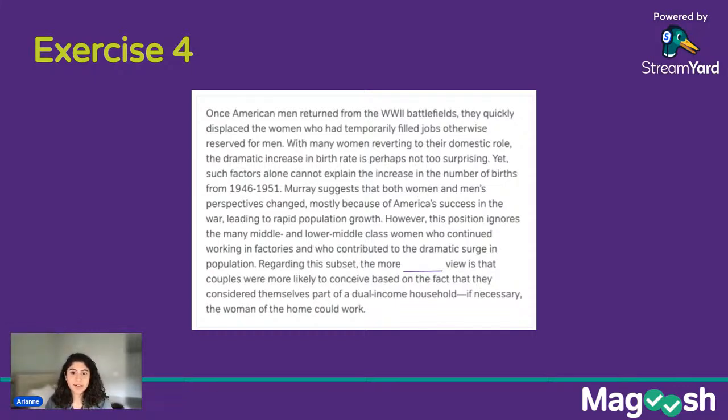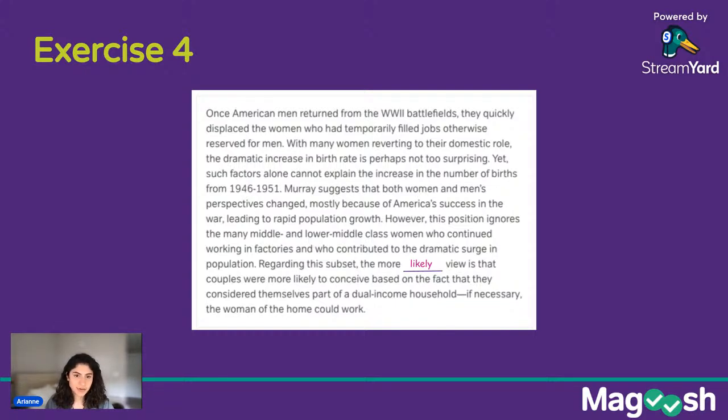But rather, they're talking about something that is more likely. They're going against what Murray is saying, and they're proposing something that is more plausible, aka something more likely, something more believable, right? So I'm gonna go ahead with likely as my prediction word.